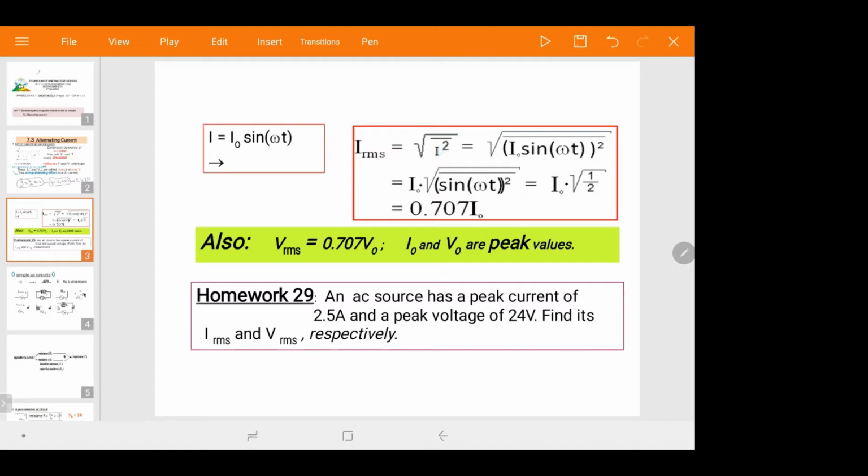You square it so that all negative values become positive. And then the bar means average. First, you square the current, then you determine the average. Since we're looking for the current and not the square, then finally you determine the square root.